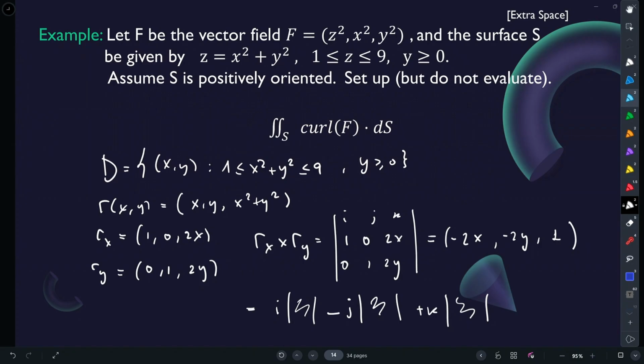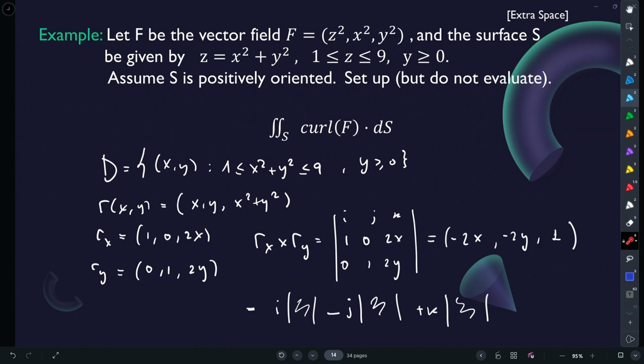Wait, why is i negative? For i, the determinant here is 0 times 2y, which is 0, minus 1 times 2x. So it has to be minus 2x. Okay? Now, this vector is the normal.